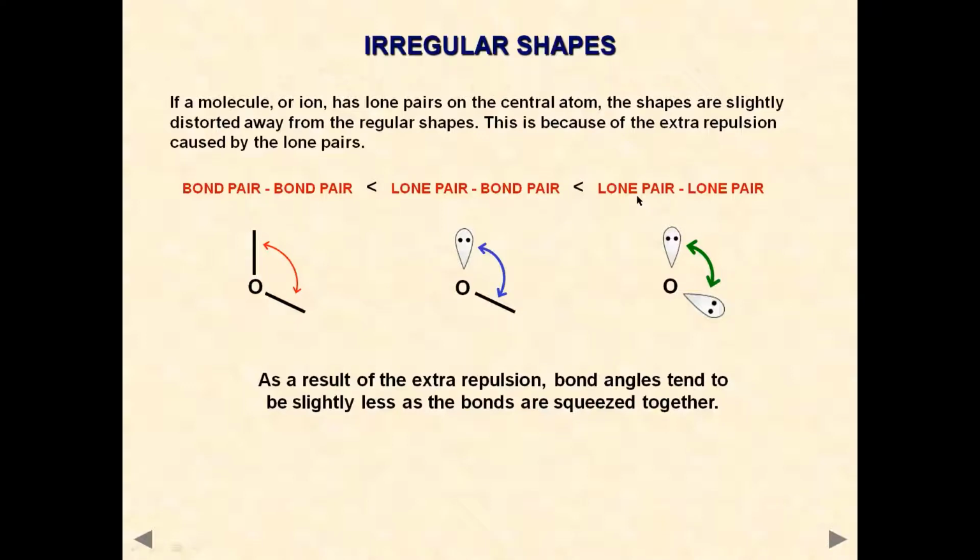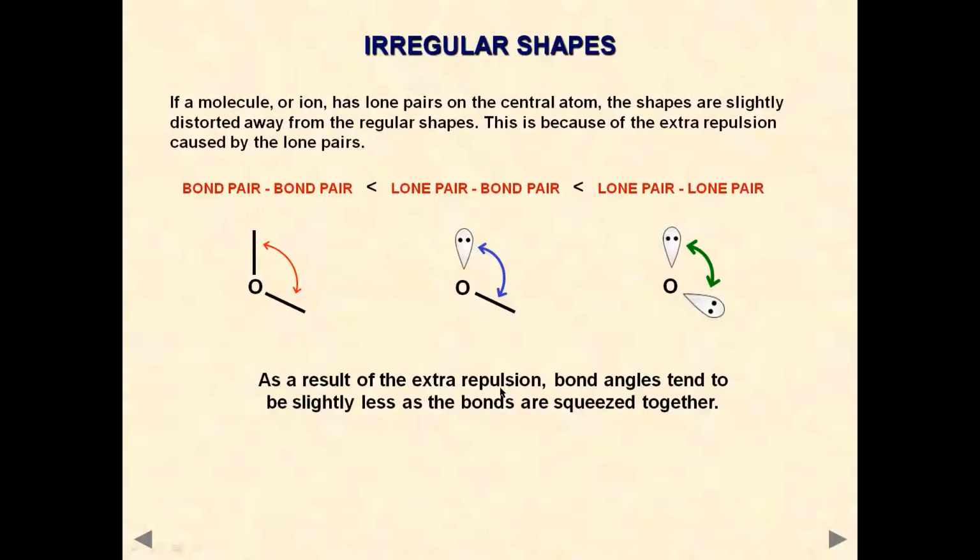The repulsion between a lone pair and a lone pair is the greatest one. And then the repulsion between the lone pair and a bond pair, and the repulsion between a bond pair and a bond pair is the least. So less repulsion when it's a bond pair and a bond pair, and then it increases if there's 1 lone pair and 1 bond pair, and that is where the repulsions are maximum or the strongest if there are 2 or more lone pairs.